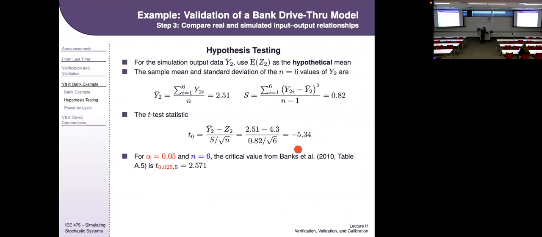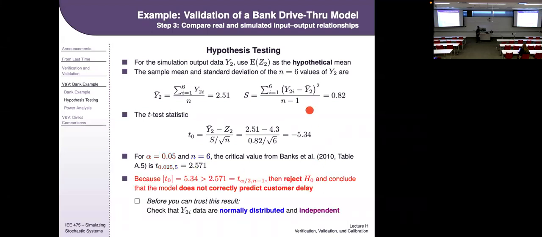If I look up an alpha of 0.05 and an n of 6 in the back of the book, the critical value is 2.571 for the absolute value. Well, the absolute value of this is way bigger than 2.571. So that tells me that the deviation I'm seeing in my sim is way too big, and most likely my sim doesn't match reality.